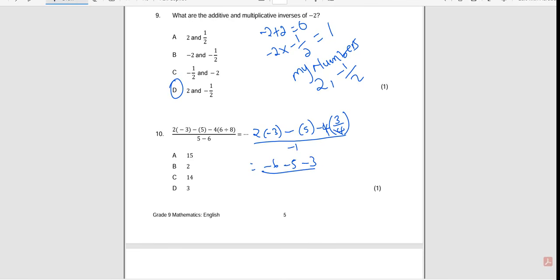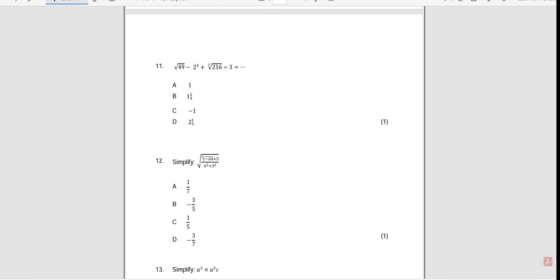And then minus 14 over minus 1, and the answer is 14. The correct answer is 14.